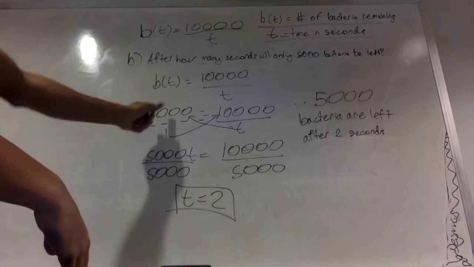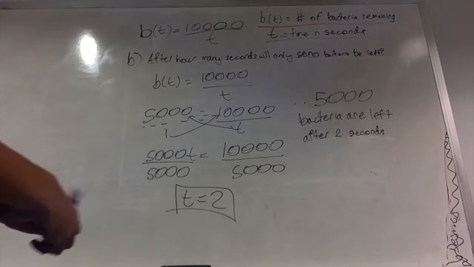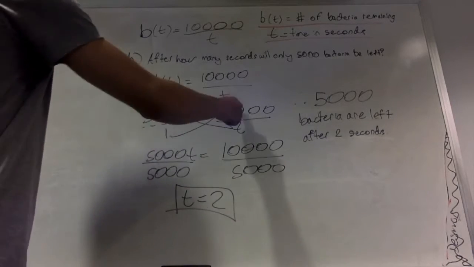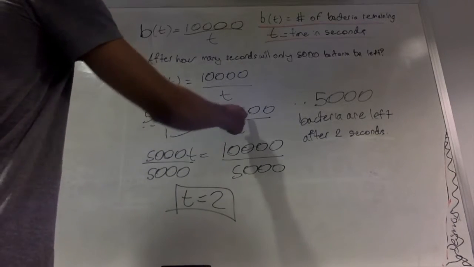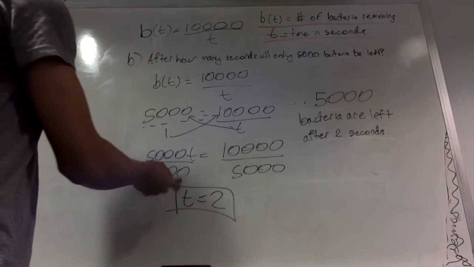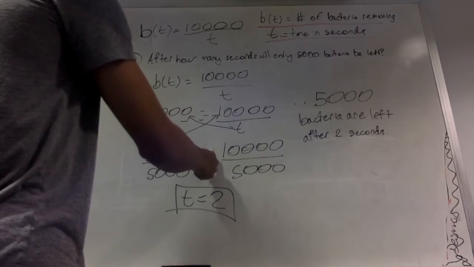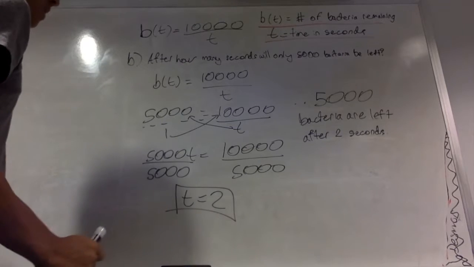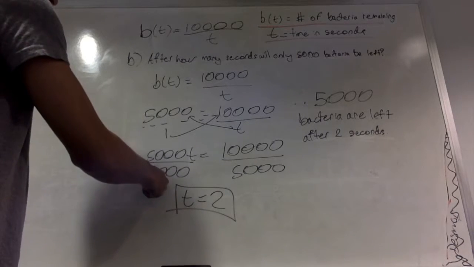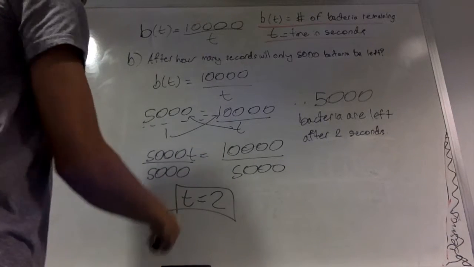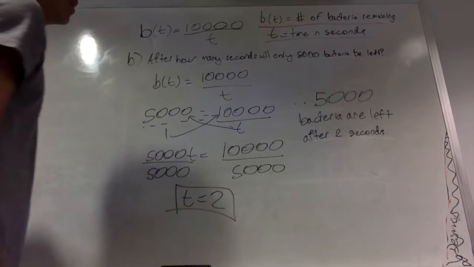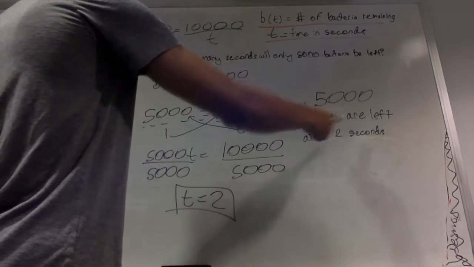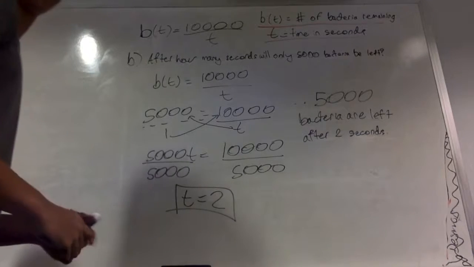You sub in the B(t) value of 5,000, and then you cross multiply. So that's 5,000 times t, 10,000 times 1, and that equals 5,000t = 10,000. Then you divide both sides by 5,000, and that gives you t = 2. Therefore, 5,000 bacteria are left after 2 seconds.